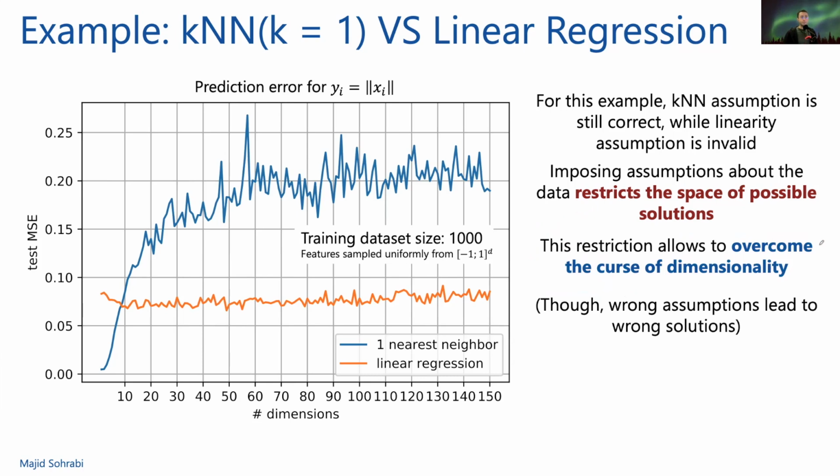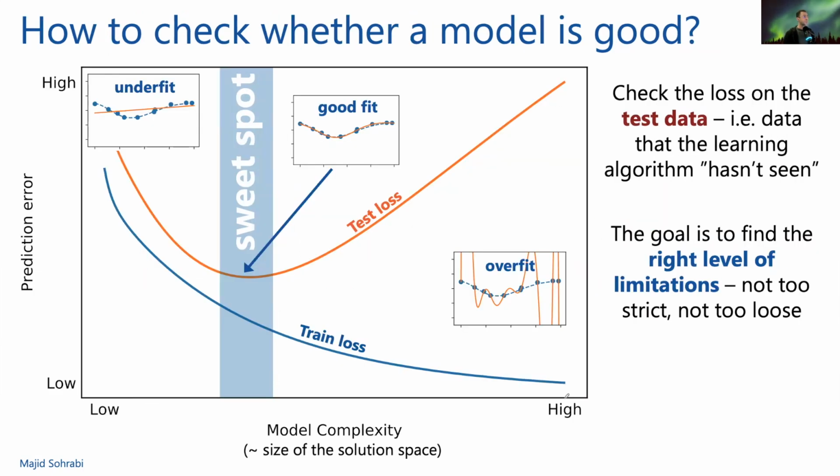This restriction allows us to overcome the curse of dimensionality, and on the other hand, a wrong assumption leads to wrong solutions. But how to check whether a model is good or not?